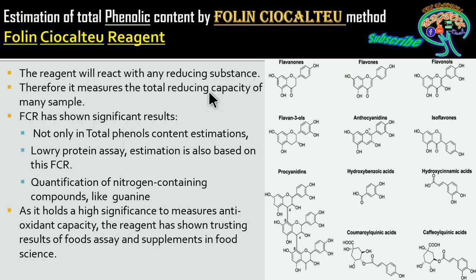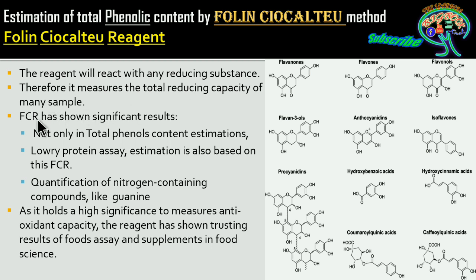In some research articles they have mentioned that there is a con, in the sense a negative point, that the Folin-Ciocalteu reagent can readily react with the reducing sugars present in the sample. It is readily going to react with any reducing biochemical, and after reacting it can give a product.